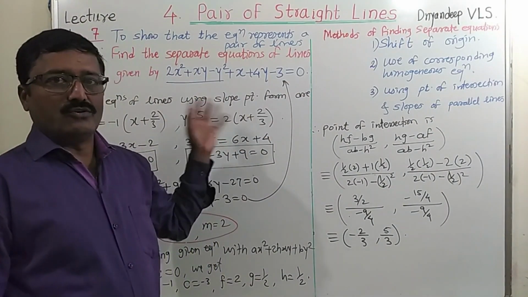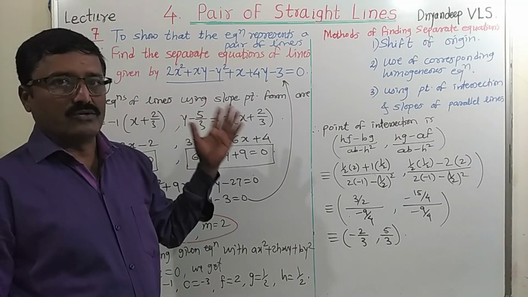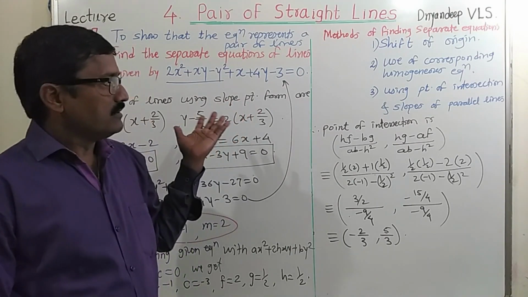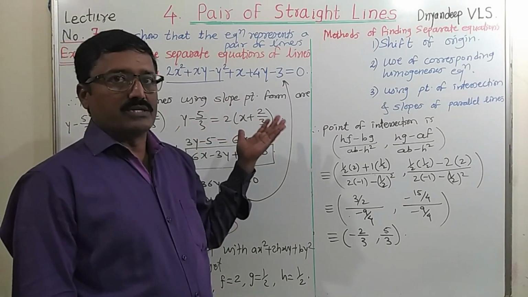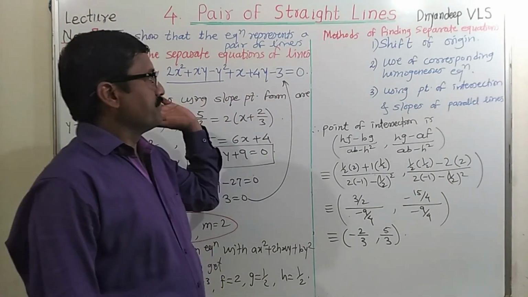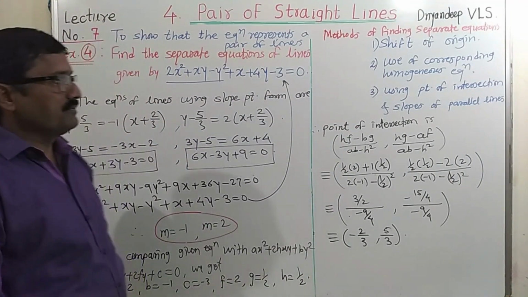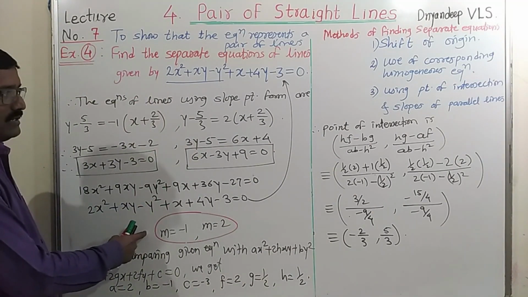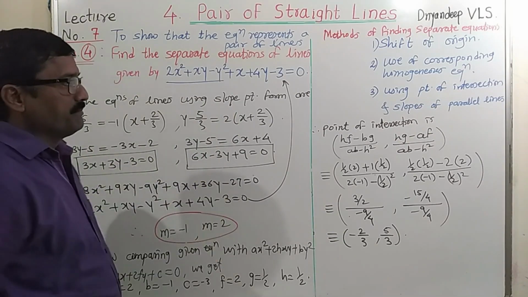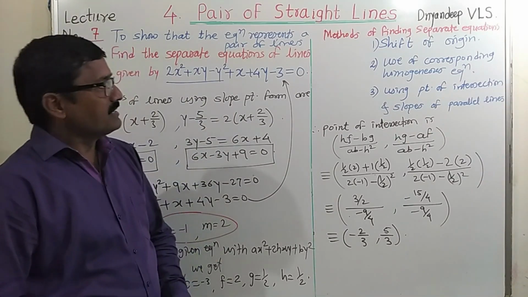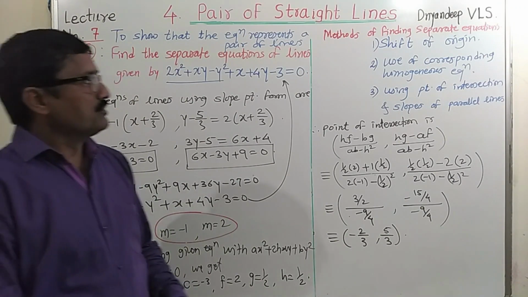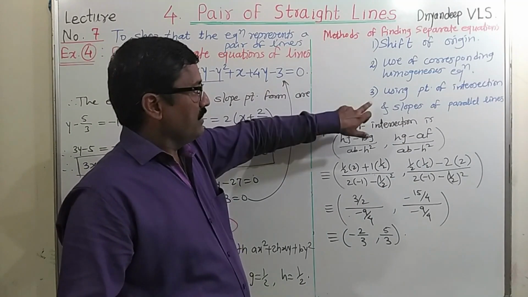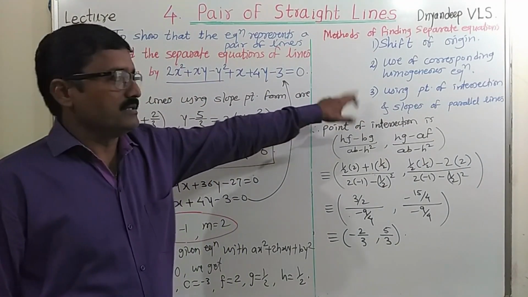And comparing the coefficients, we get the values of those unknowns h and k, and substituting, if we get those required values, then we can write the separate equations. And this is the third method in which we have found the point of intersection and the slopes of parallel lines. And using slope point form, we get the separate equations. Okay, so these three methods are there, but in the textbook only the first two methods are given. We have solved one example using this third method also.